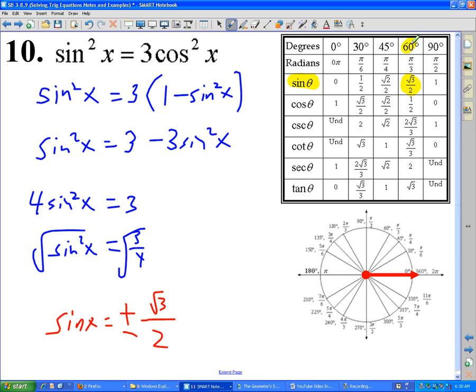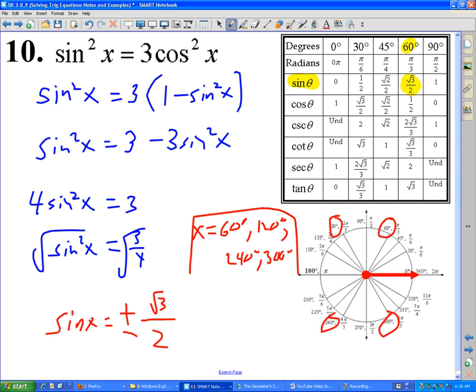What are the 60 degree reference angles? 60 degrees, 120 degrees, 240 degrees, 300 degrees. Which ones am I going to take? Well, because I'm taking positive or negative, I'm going to take them all. So your answer would be 60 degrees, 120 degrees, 240 degrees, 300 degrees. We'll take both the positives and the negatives.